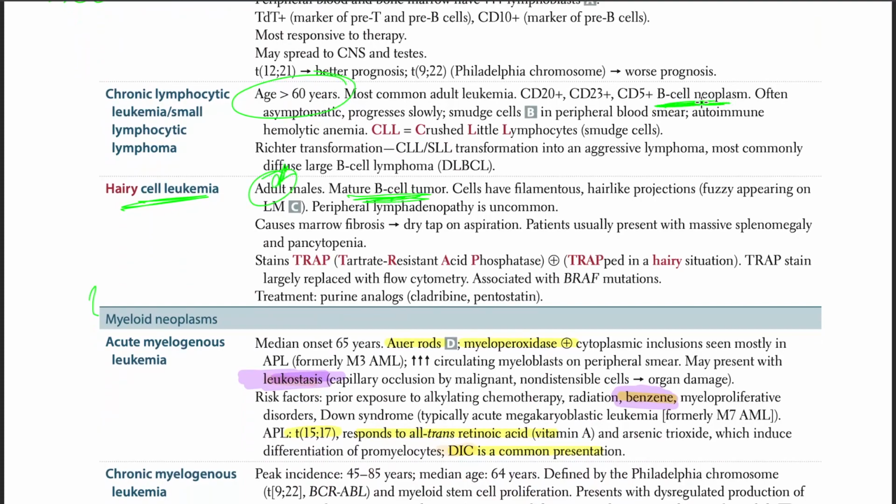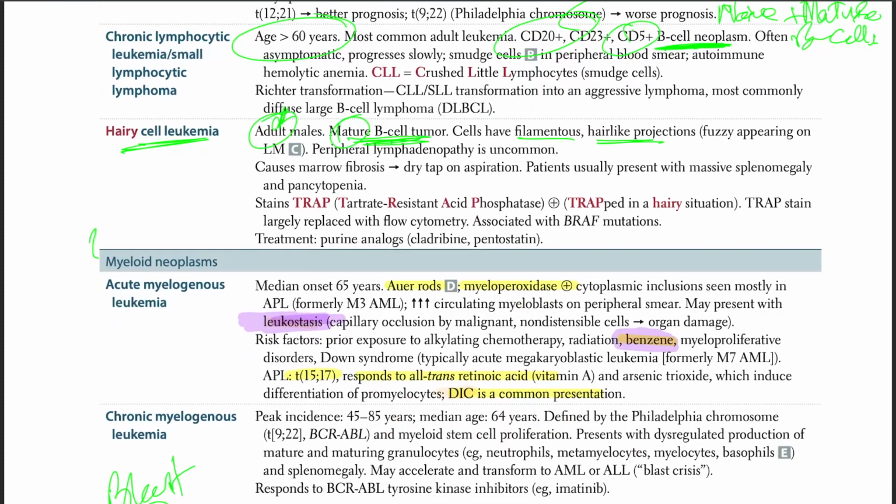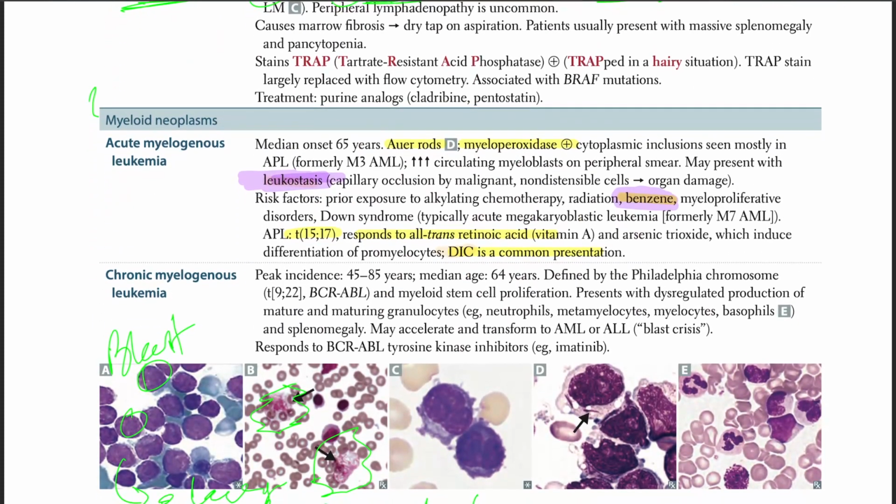Here we said it's a B cell neoplasm, but remember it's both naive B cells, as we mentioned CD5 is for naive cells, and also mature B cells, because all of this is for mature B cells. Okay, here you have a mature B cell tumor. Cells have filamentous, hairy-like projections, a fuzzy appearance on light microscopy.